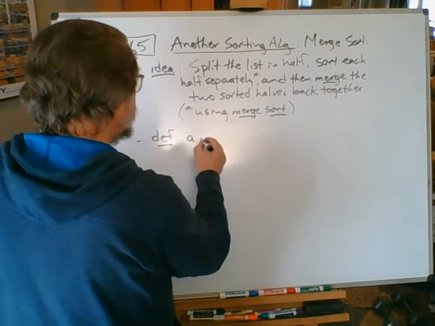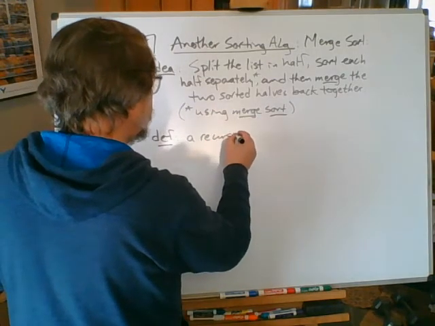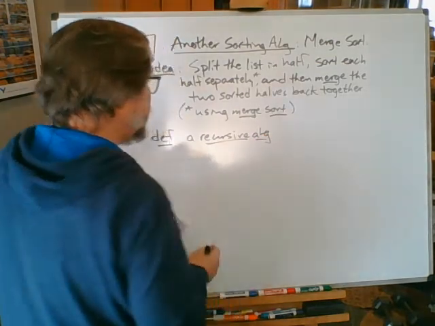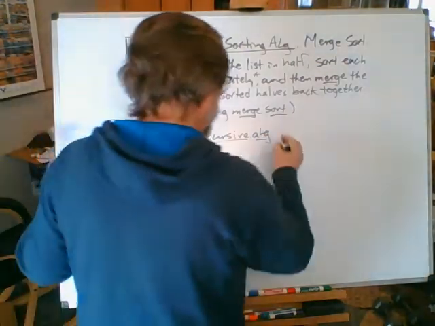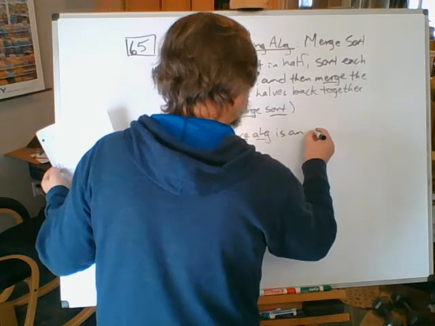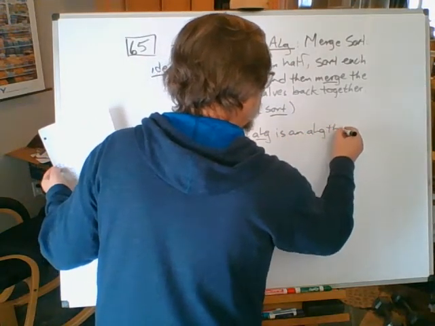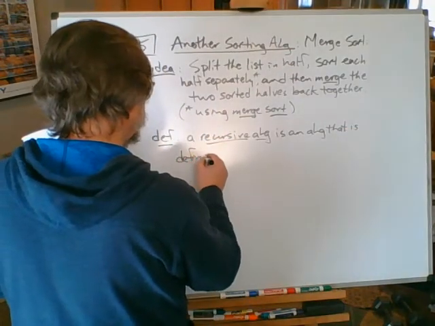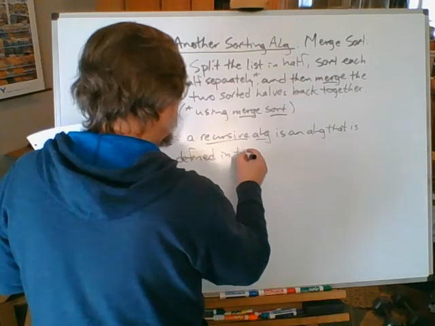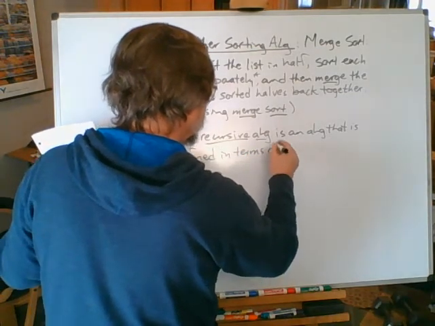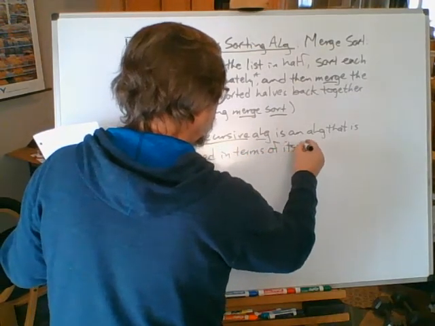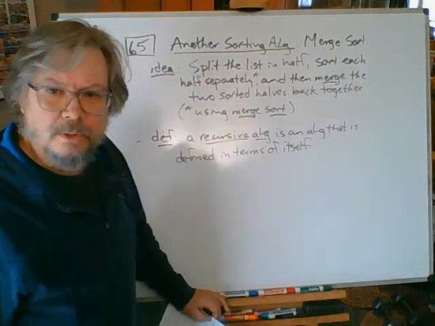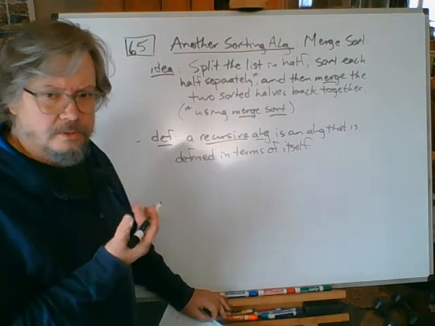A recursive algorithm, abbreviated again, that's ALG, is an algorithm that is defined in terms of itself. There. And that definition might not put you any closer to a comfort zone than the original description did.